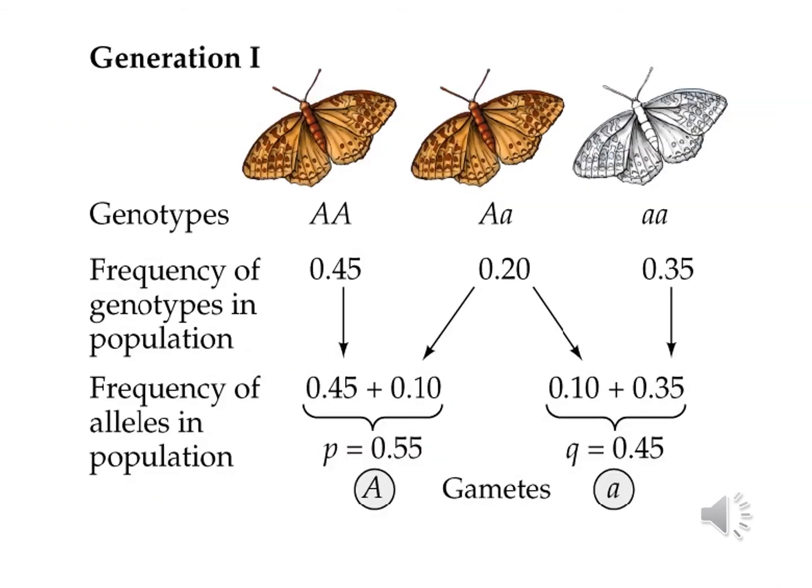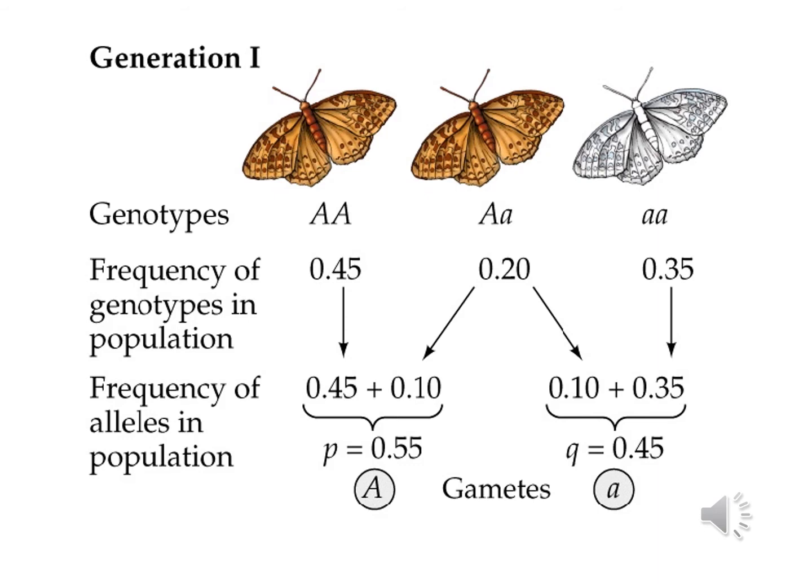Let us discuss in detail how these two equations are formed. First, from this diagram, we can see that the frequency of homozygous dominant is 0.45. The frequency of heterozygous in the population is 0.2, while the frequency of homozygous recessive is 0.35. The frequency of the dominant allele is represented by both dominant alleles A, so the frequency is 0.45.